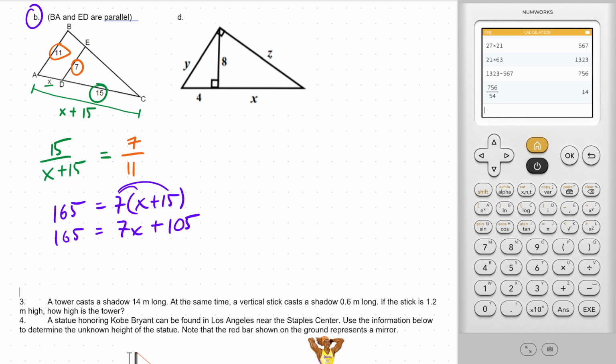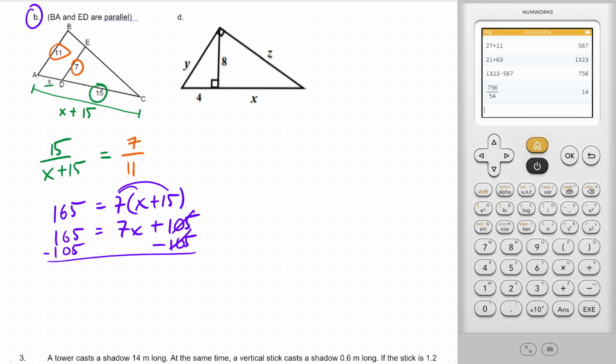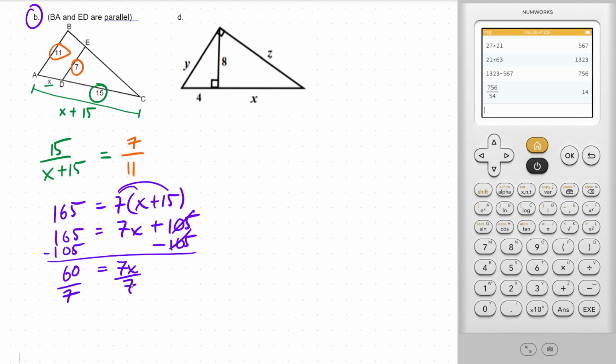Hopefully my mental math there is correct. Pretty sure it is. Okay, and so I'm going to subtract 105 from both sides because I am solving for x. 105. Okay, and that's going to leave me with 60 equals 7x. So I'll divide both sides by 7, and I get that x is equal to 60 over 7.